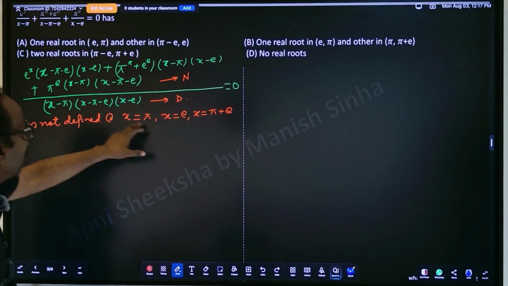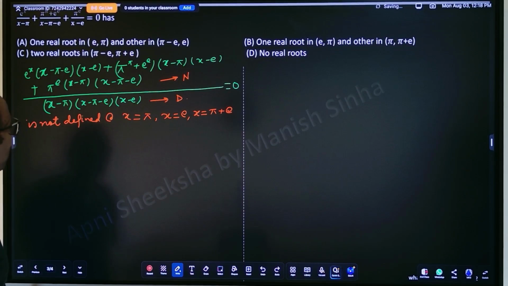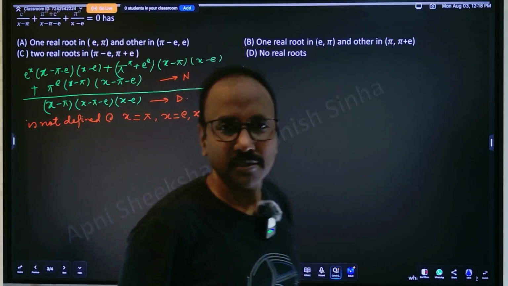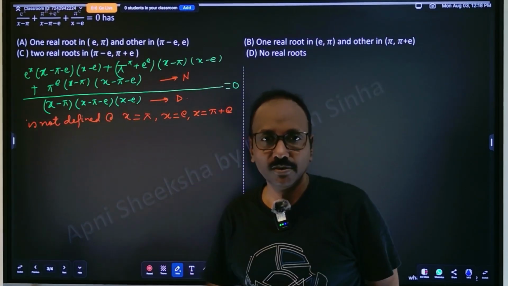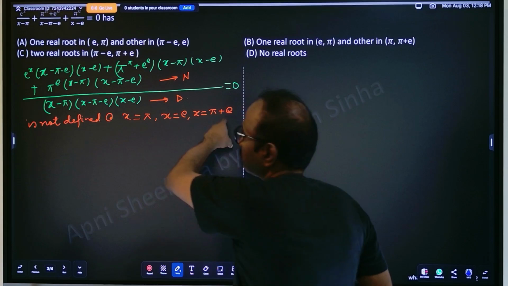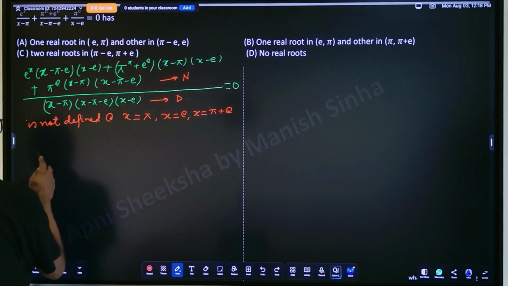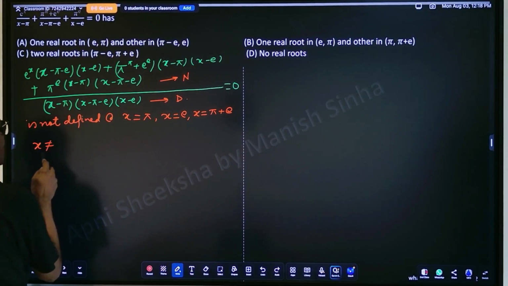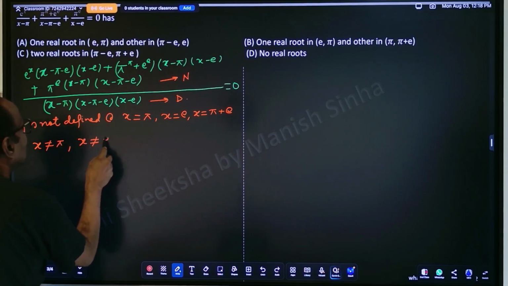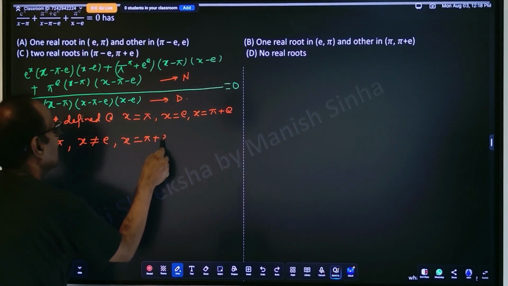Because when you put x equal to pi, the denominator will become 0 and the value of the entire expression will tend to infinity. Same way for e and pi plus e. So we know that x cannot be pi, x cannot be e, x cannot be pi plus e.